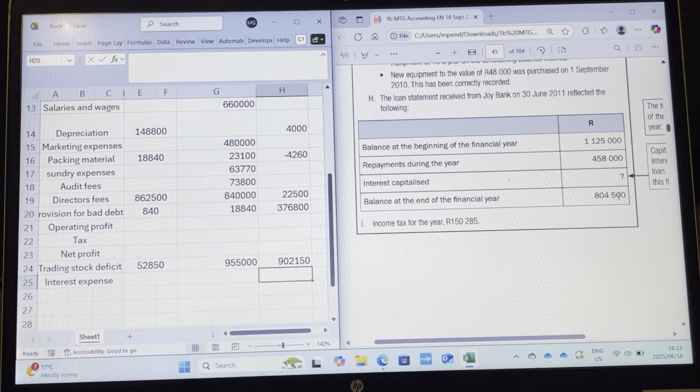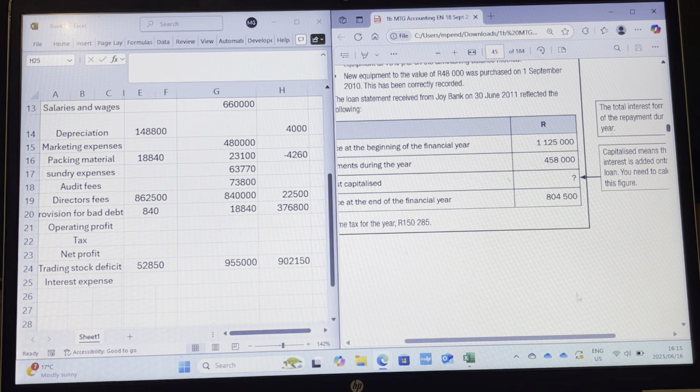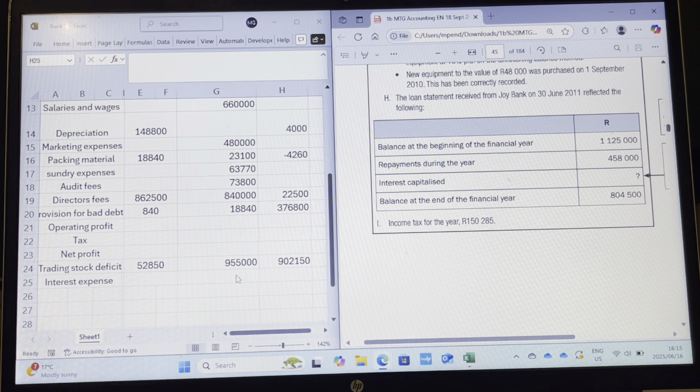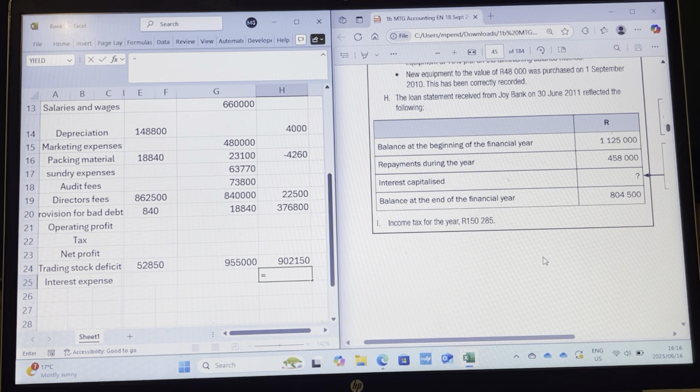So 804,500 is equal to the balance at the beginning less the 458 plus the interest, as the interest is capitalized. So we're going to have to work backwards.